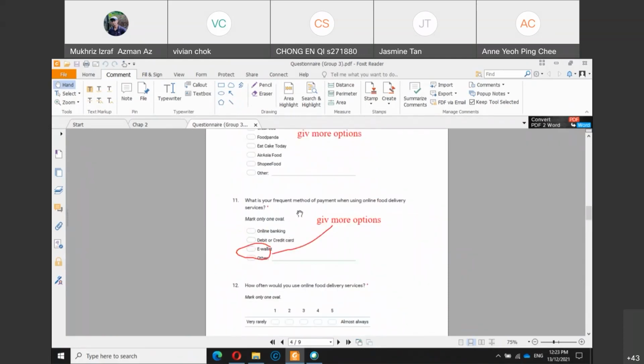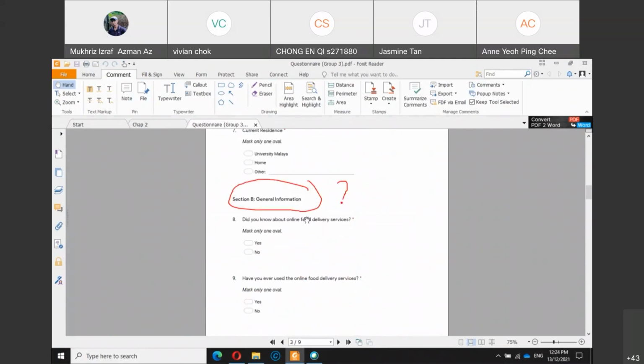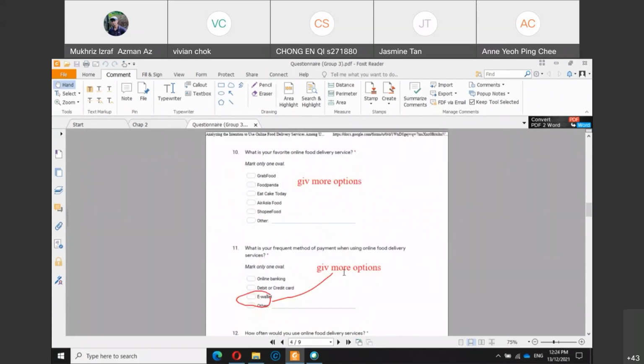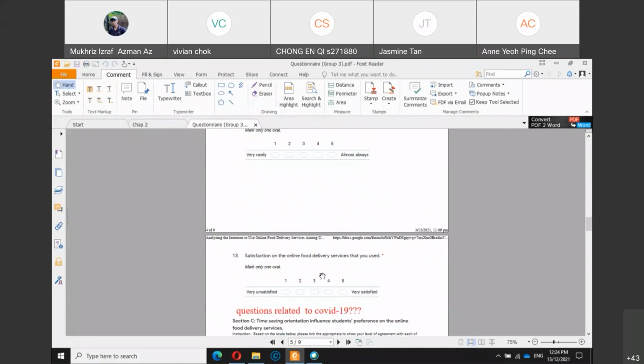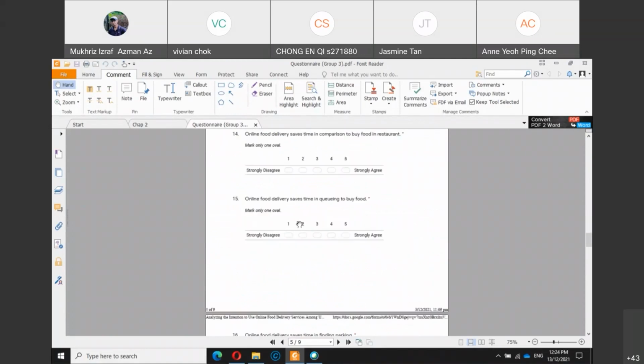If your focus is only students living on campus, because you are talking about finding parking, meaning that you are living in town, then the respondents must be those who are staying on campus or in the city. Then some of these questions are more relevant to them.